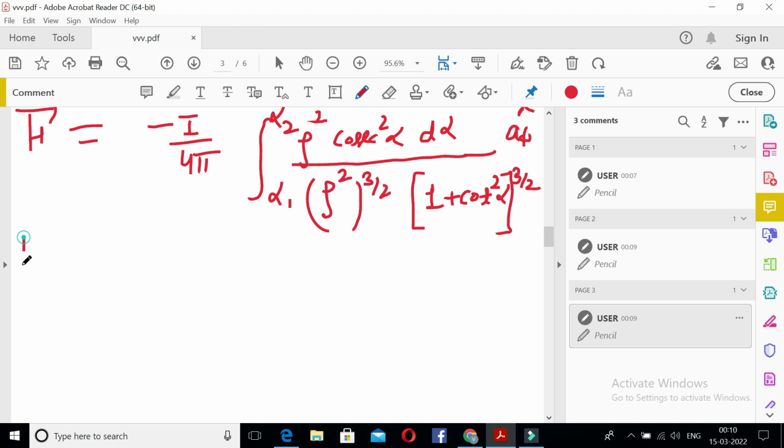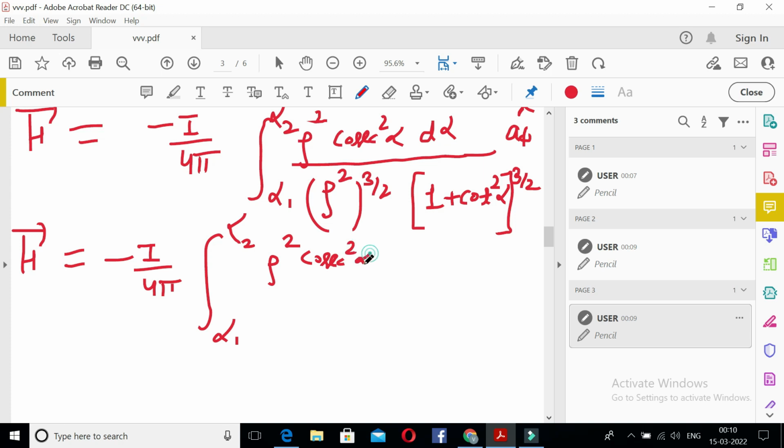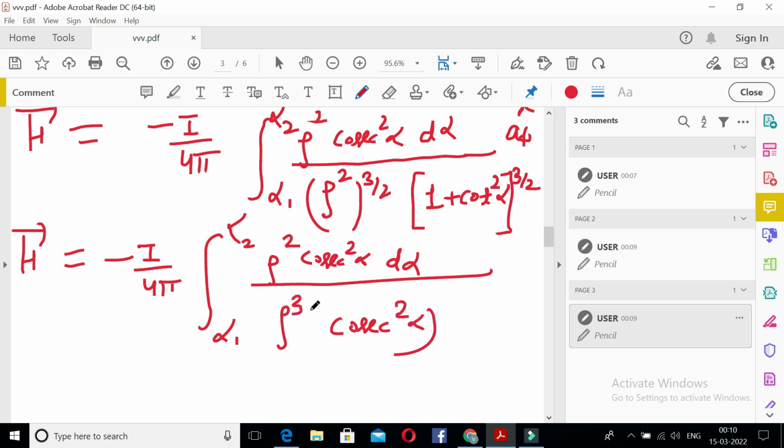Now H vector becomes minus I upon 4 pi, integral of rho square cosec square alpha d alpha upon rho cube into cosec square alpha to the power 3 by 2 into a phi cap.